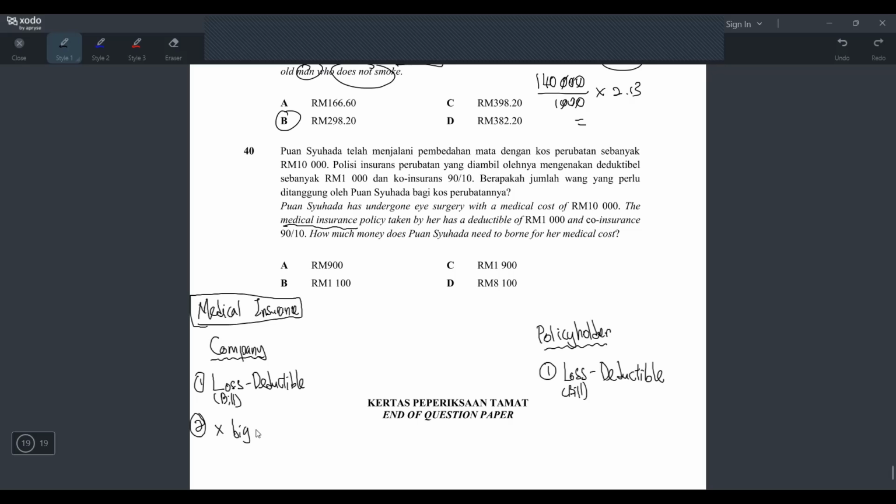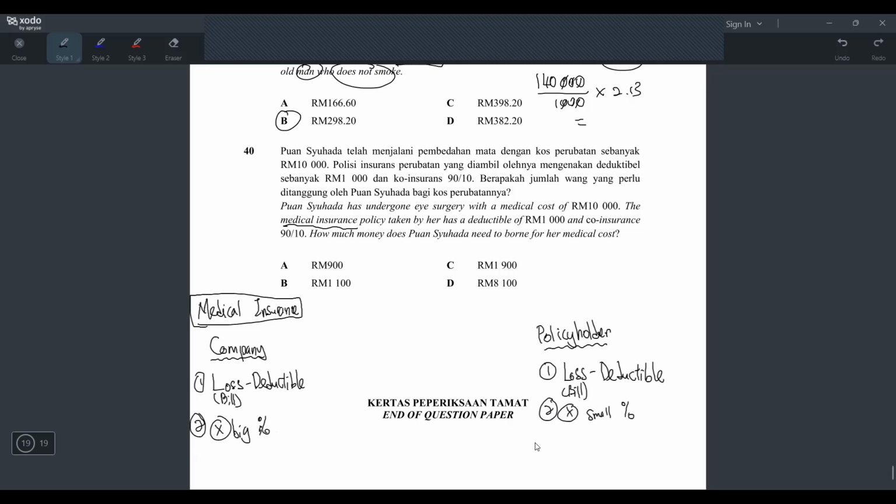I'll just write here big percentage. But for the policyholder, you multiply with the small percent. Because the company usually bears the bigger percentage. Policyholder multiplies by the small one.